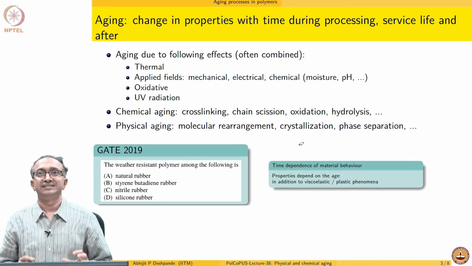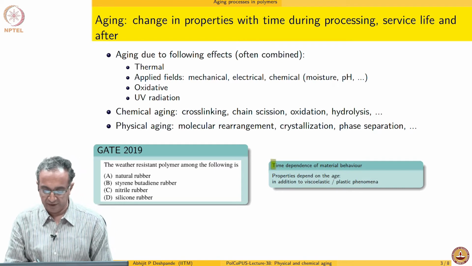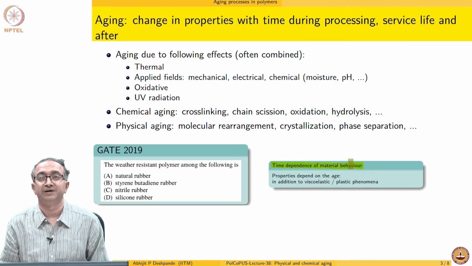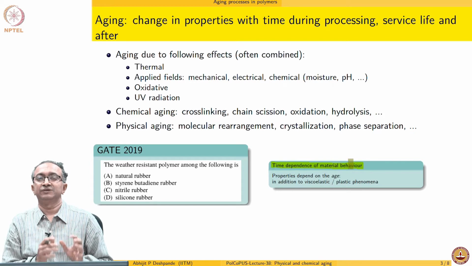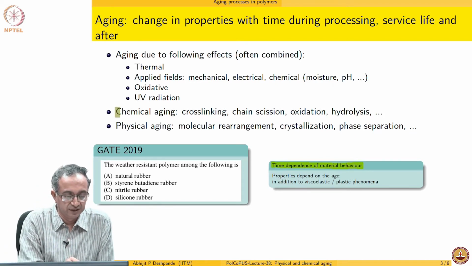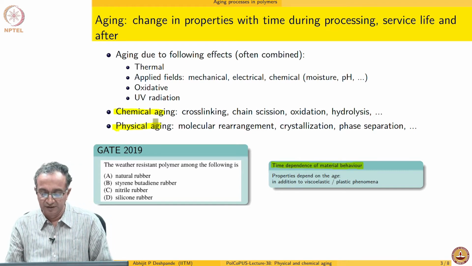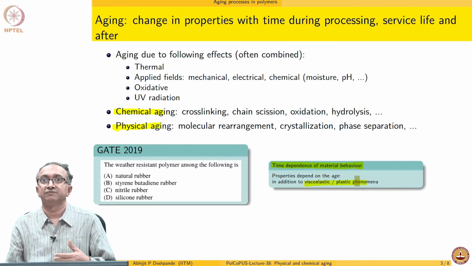So, given all these aging processes that are happening in the material, naturally there is a time dependence of material behavior. We need to distinguish the effect of aging, which is due to the chemical and physical changes that are happening in the material, from the other time dependent processes which are related to macromolecular relaxations.